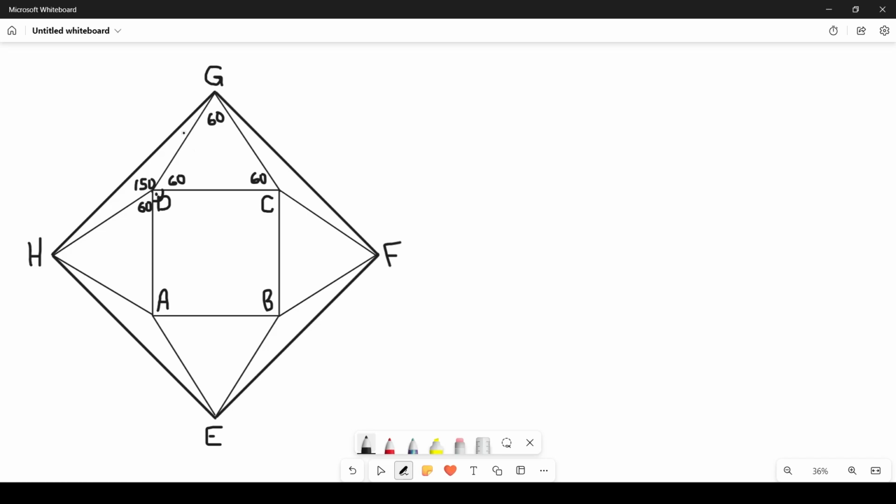And from that, the DGH angle is 15 degrees. But if those triangles are all equilateral and congruent, then if HGD is 15 degrees, then CGF is 15 as well, and 60 plus 15 plus 15 is equal to 90 degrees. So angle HGF is 90 degrees.